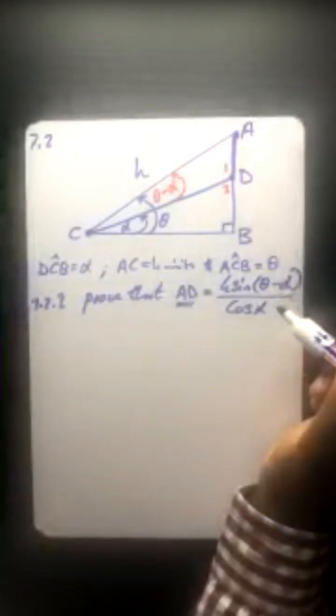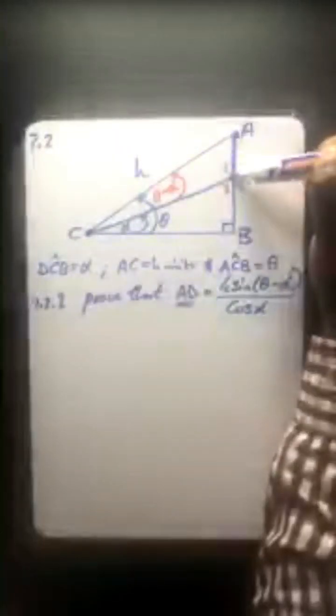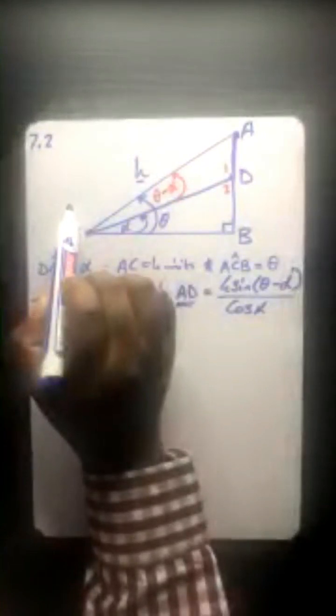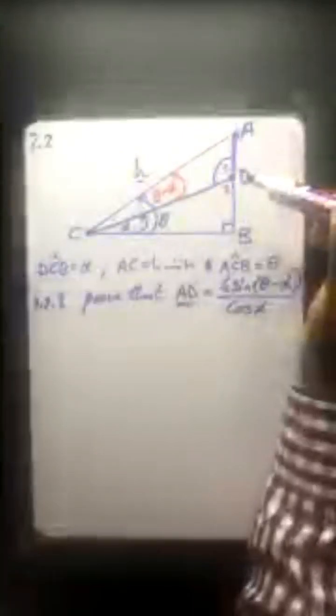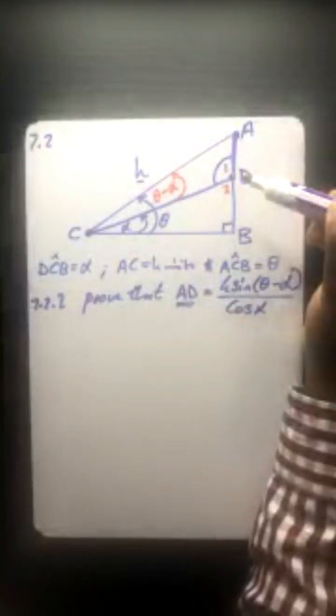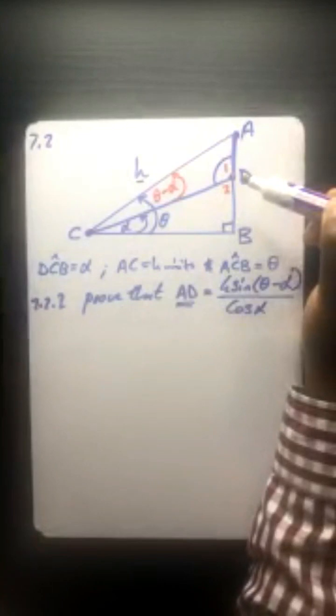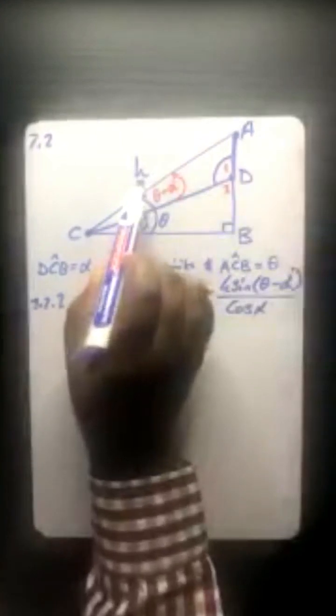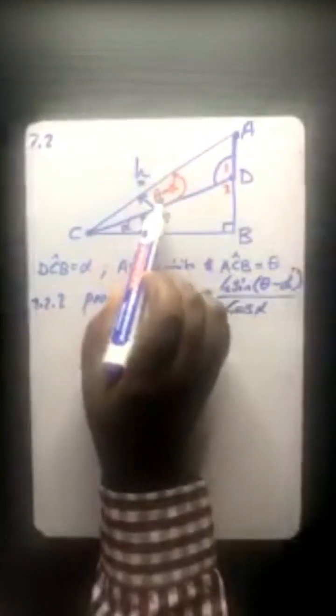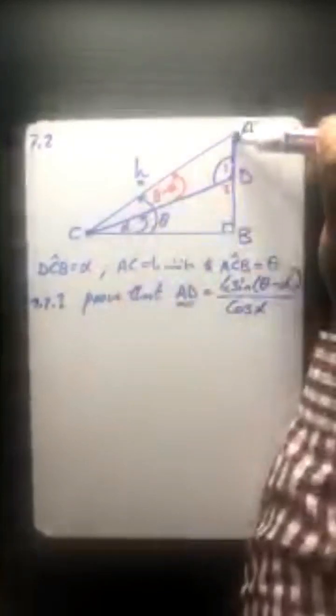So let's see. I was saying I've got this side, which is opposite to that angle, and I've got that edge, which is opposite to that angle. So that means I can use the sine rule, because in the sine rule, I'm going to have that edge, I'm also going to include that angle, and I'm also going to include that side.